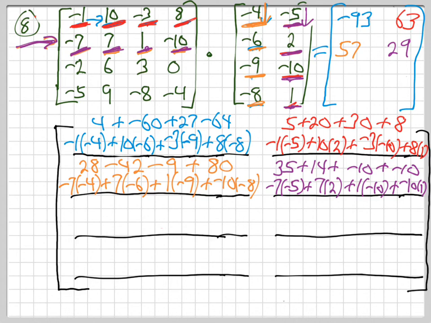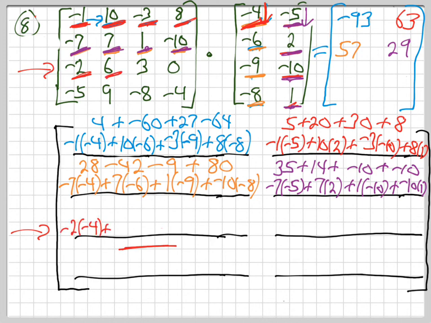Let's see. I'm kind of running out of different colors here. All right. So now I'm down on the third row. Start over on the left. Third row on the left. So minus 2 times minus 4.